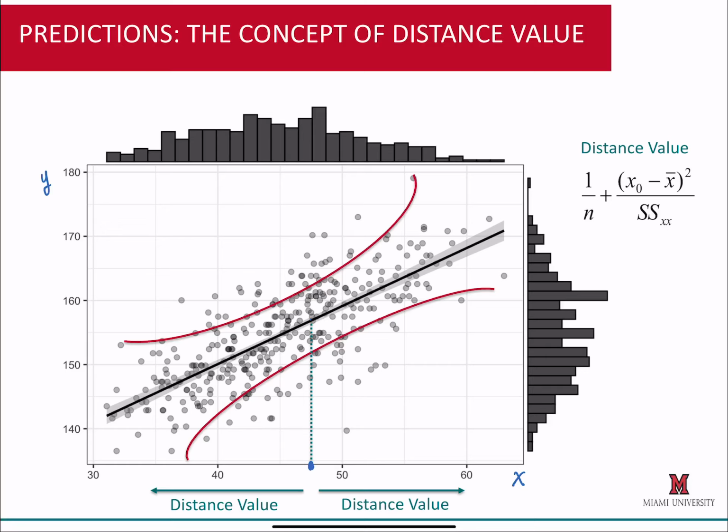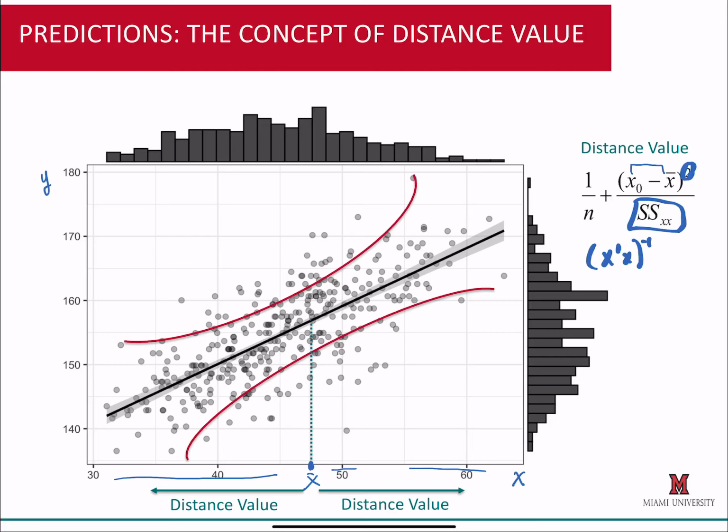So basically what the distance value tells you is, as you get away from that mean of x, let's say this is x bar here, if you go above that or very far below, then the distance value gets larger and larger, and it gets larger by the power of 2, it is squared. This is divided by S_xx, which is the same thing in matrix notation as X transpose X inverse.